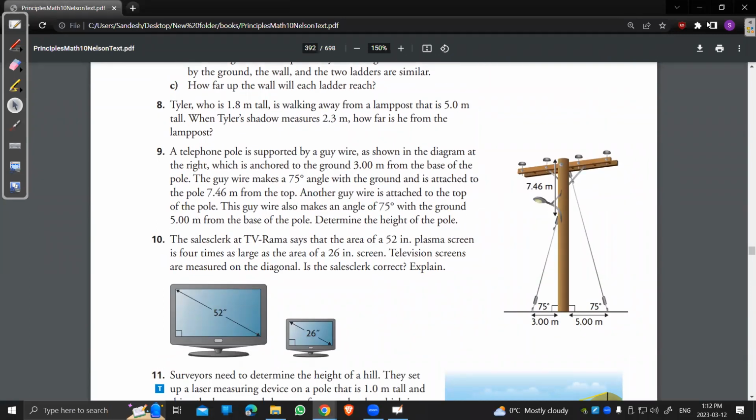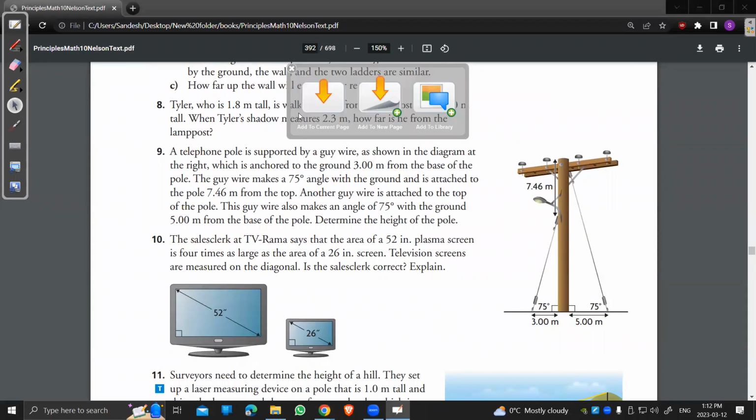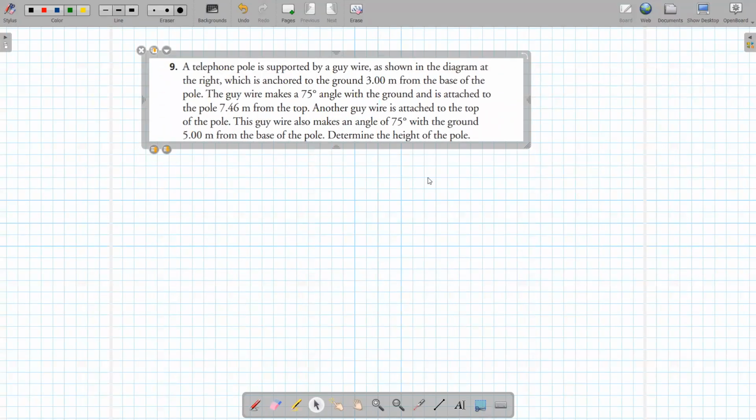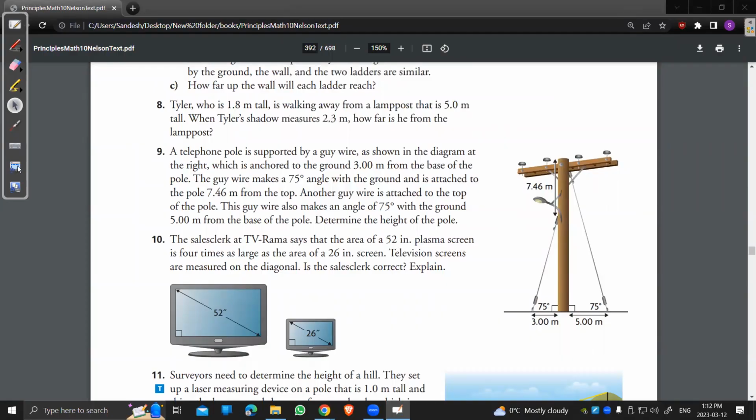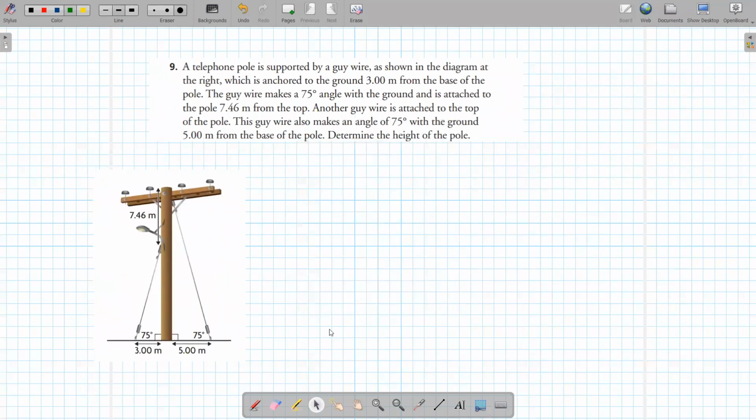I don't even know what's going on in this diagram. Let's pull this one up. It's a lot of wording there. So it wants us to find the height of the pole. So I'm assuming it wants us to find all this distance. Alrighty, what's our approach?